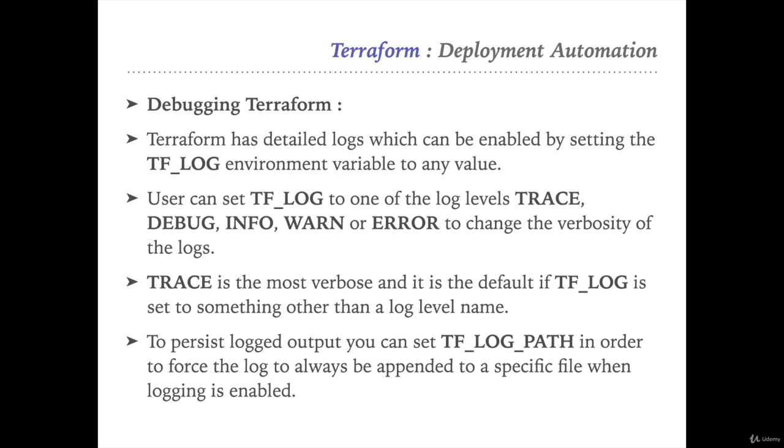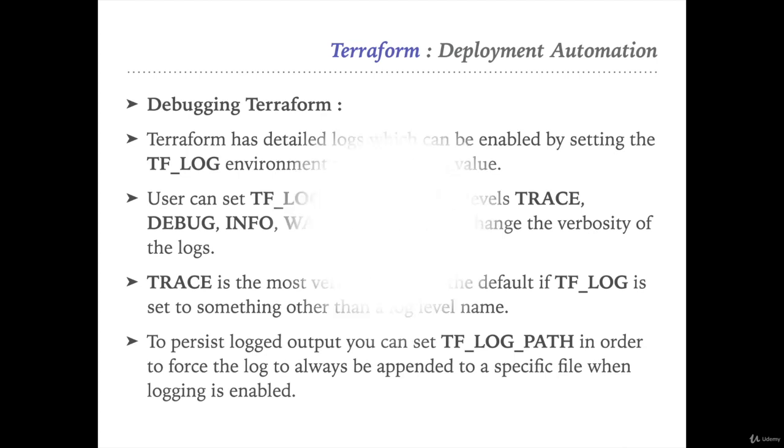With the help of the environment variable TF_LOG, you can set the log level, which could be trace, debug, info, warn, and error, right? And with the help of TF_LOG_PATH, you can define the path of the file where the Terraform log will be saved whenever you execute the Terraform configuration files.